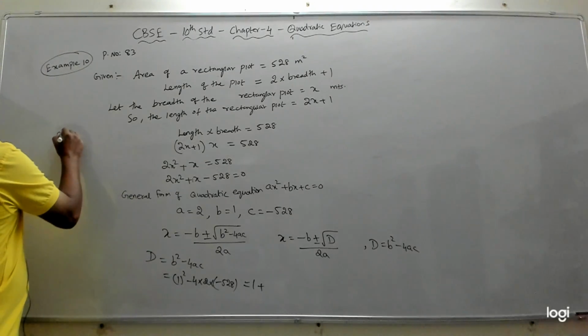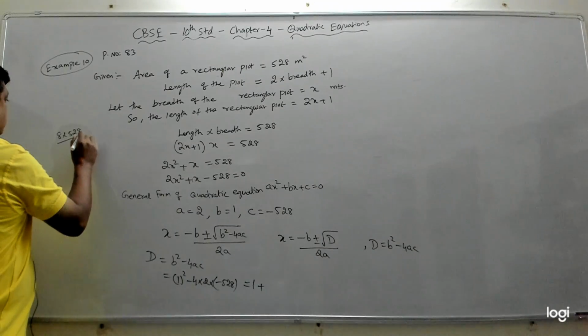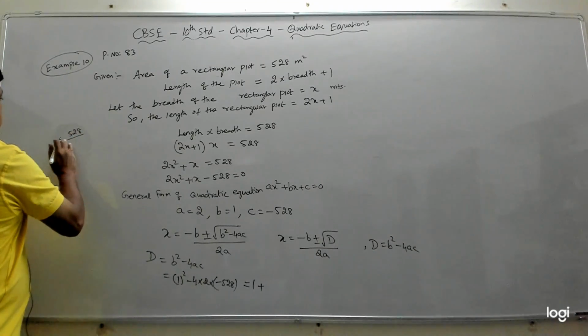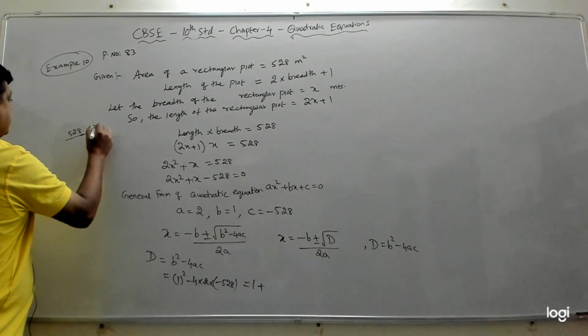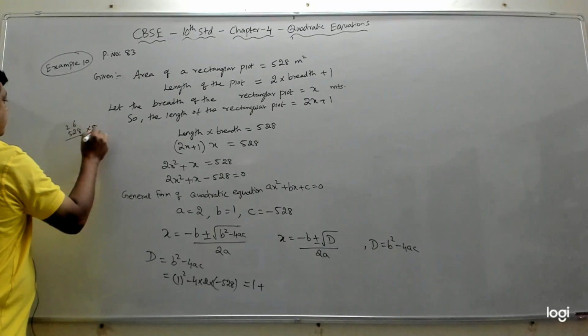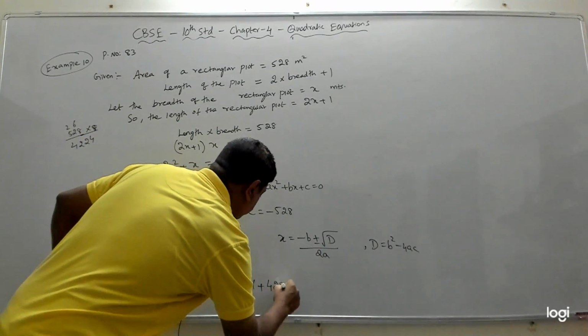So what is 8 into 528? Let's calculate that. 528 into 8. 8 8s are 64. Carry 6. 16, 22. Carry 2, 40, 42. So it will become 4224.